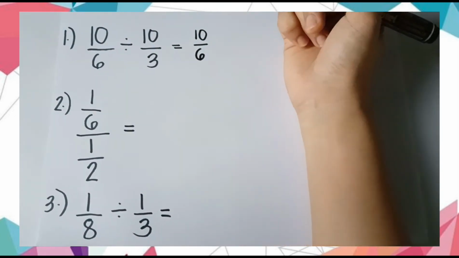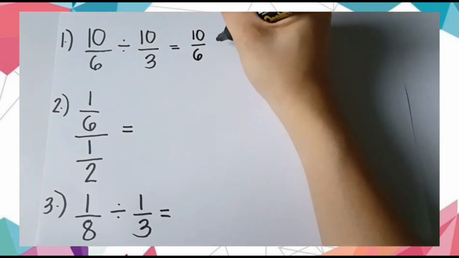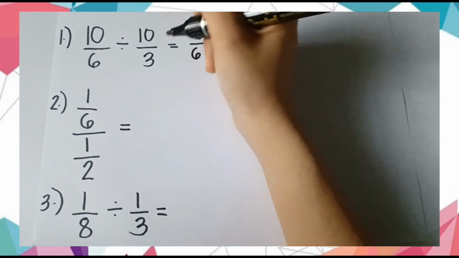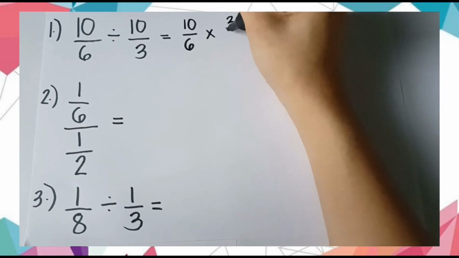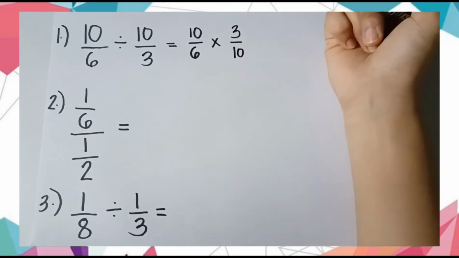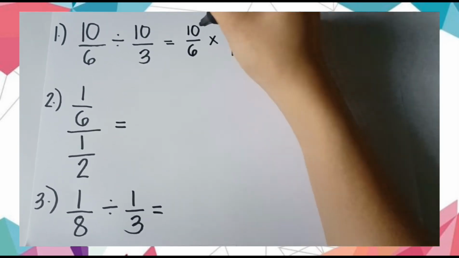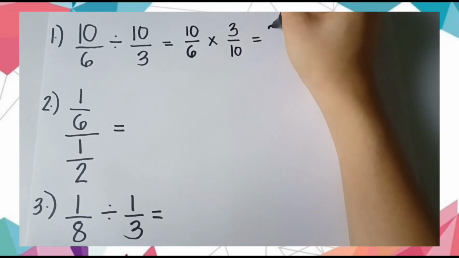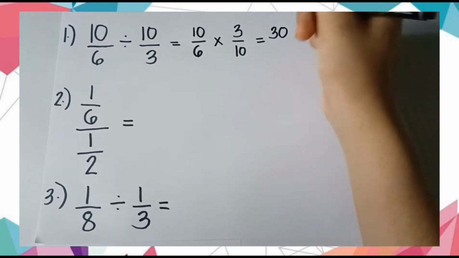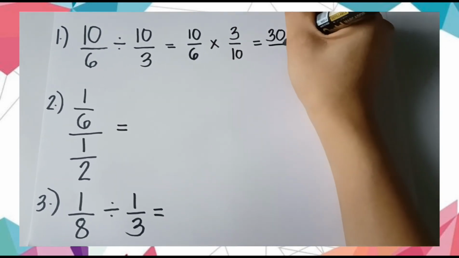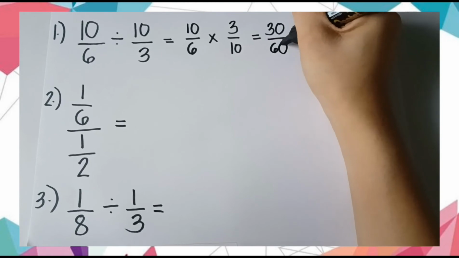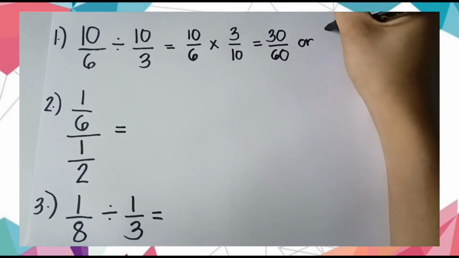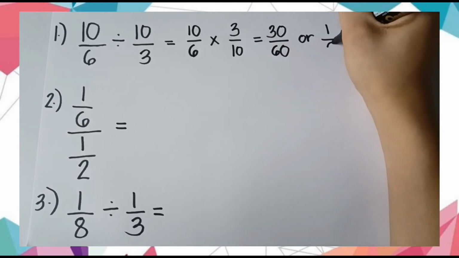So we keep 10/6, the first fraction, and then we change the operation into multiplication, and then we flip 10/3, so it becomes 3/10. The last step is we multiply the two fractions. 10 times 3 is equal to 30, all over 6 times 10, which is equal to 60. So 30/60 is also equal to 1/2.